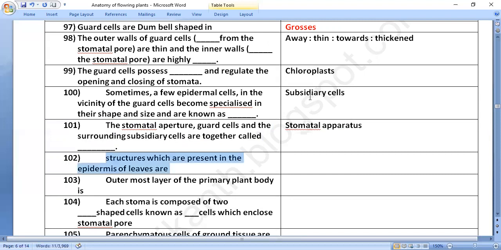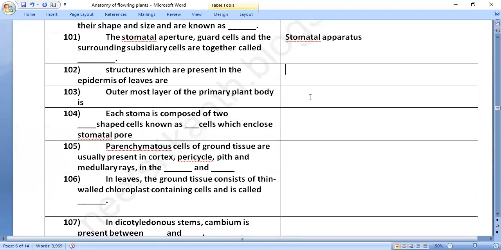Each stoma is composed of two bean-shaped cells known as guard cells.